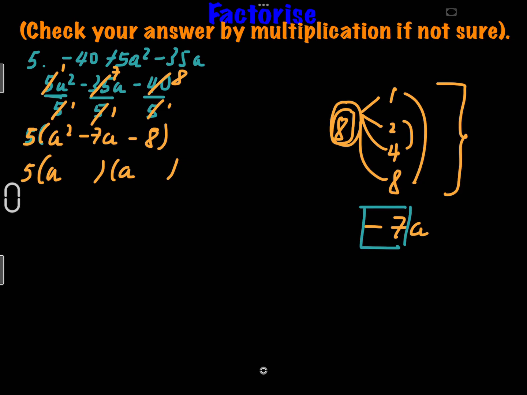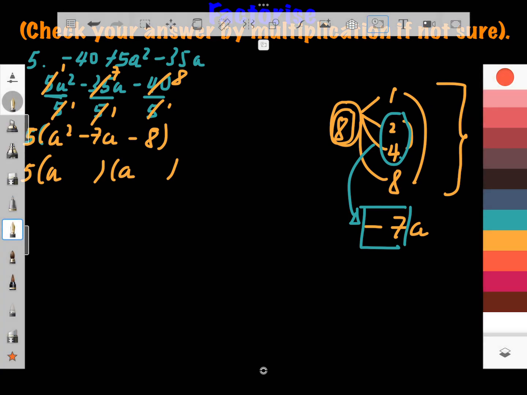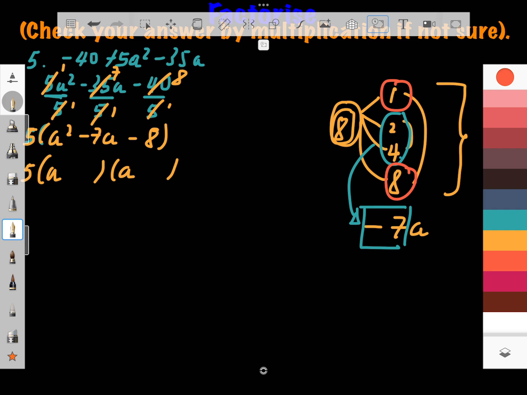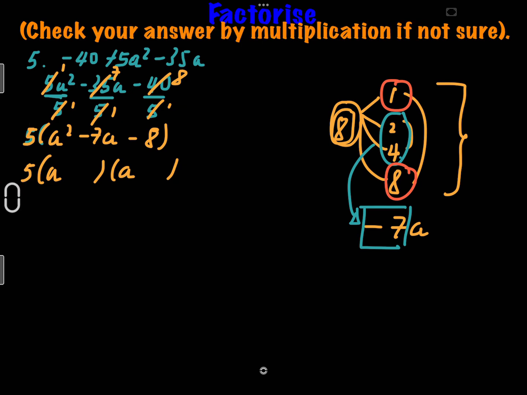So 2 subtract 4 gives us negative 2, or 2 plus 4 gives us 6. So it cannot yield negative 7. Move on to the next combination, which is 1 and 8. So 1 subtract 8 gives us negative 7, and that gives us what we are looking for.